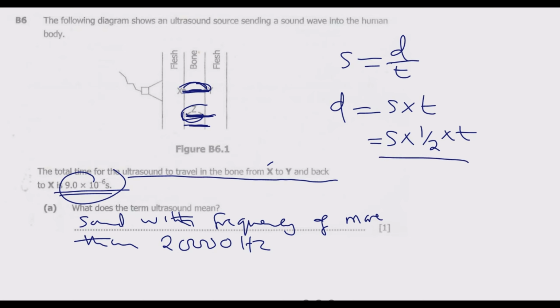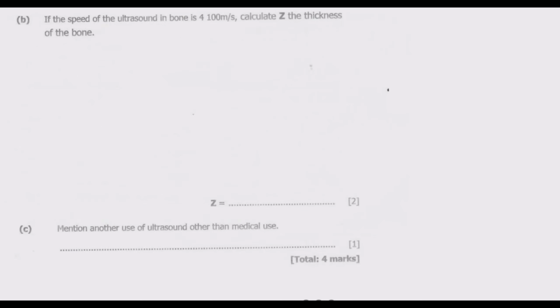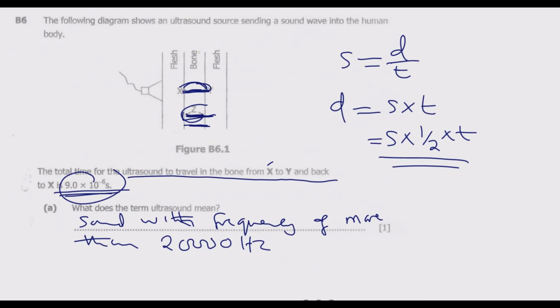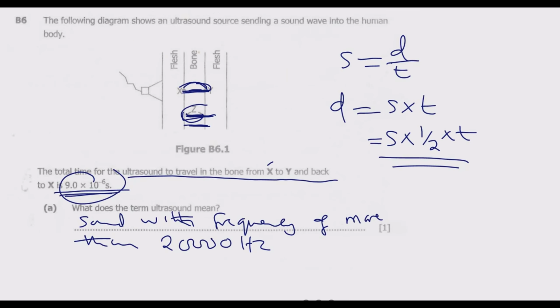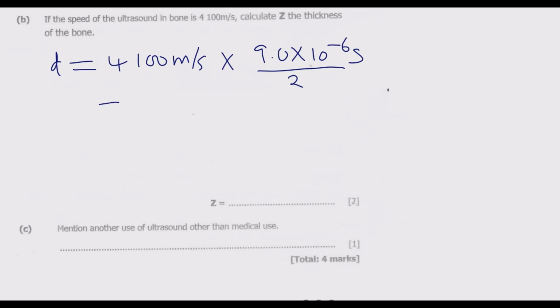Having understood that, we can substitute. We know distance is equal to speed, which is 4,100 meters per second, multiplied by the time, which is half of this. So it will be 9.0 multiplied by 10 to the power negative 6 seconds divided by 2, because we are multiplying by the half. Then we simplify that.